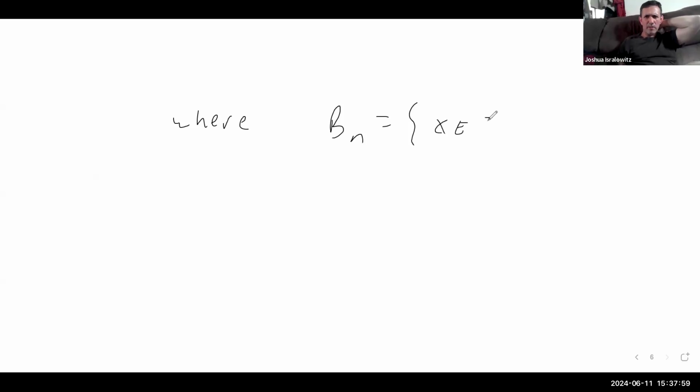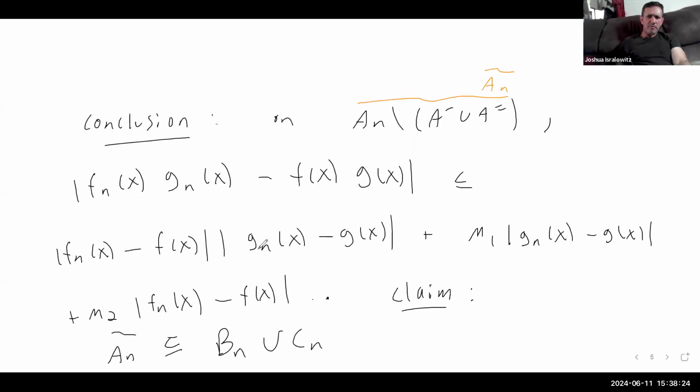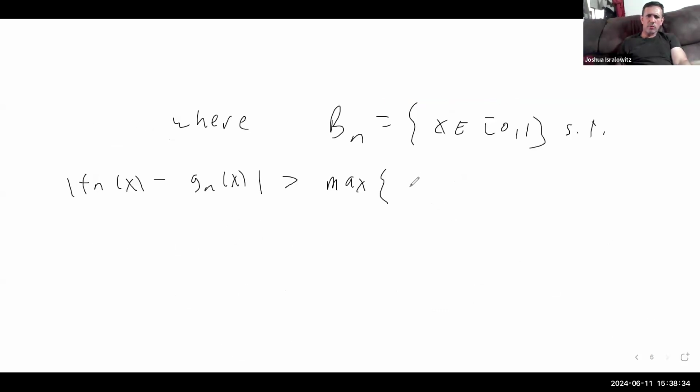Let's say x in 0 to 1, where F_n is bigger than, let's say, the maximum of, so I want this to be smaller than eta, so let's say square root.